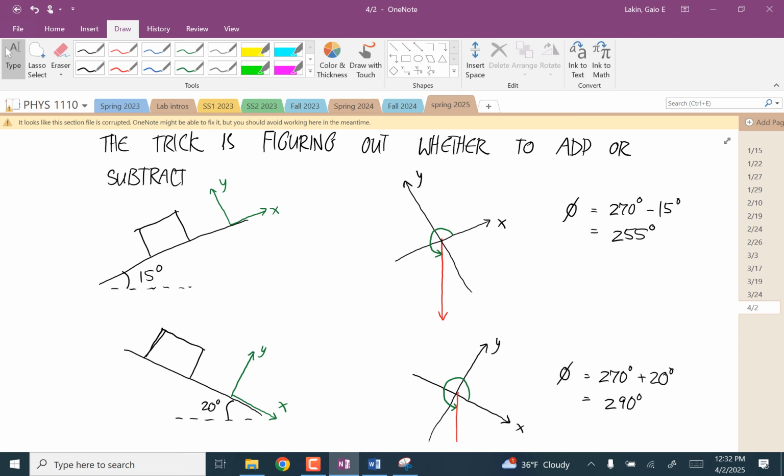Well, the negative y-axis is the 270 line. So if the arc of your angle goes past the 270 line, then you know you have to add. And if it doesn't make it to the 270 line, like in this case, then you know you subtract. So that's why this one is less than 270, but this one is more than 270.